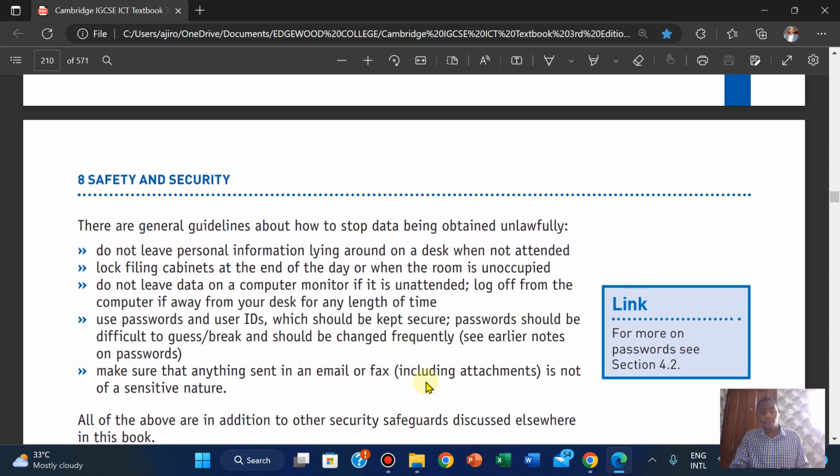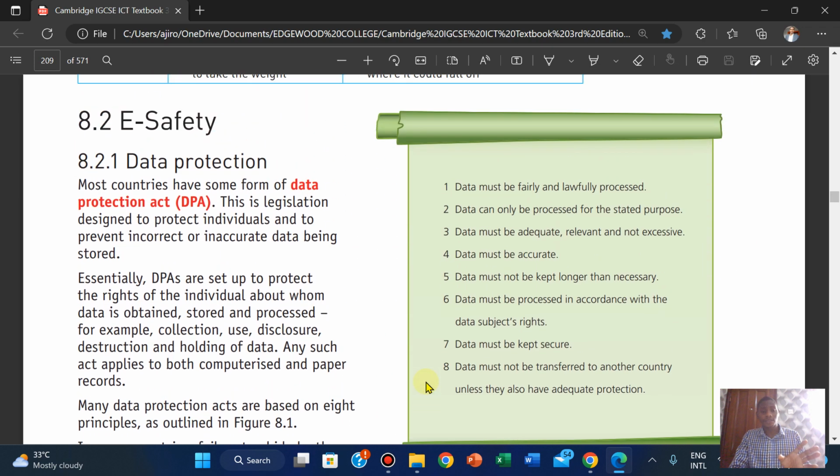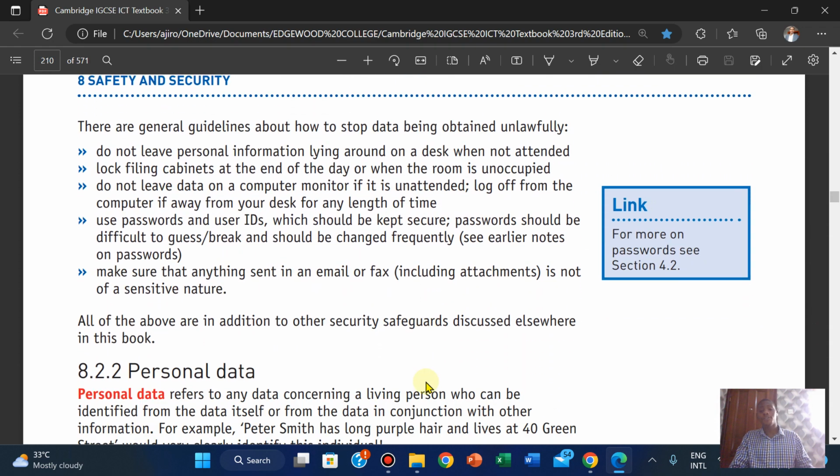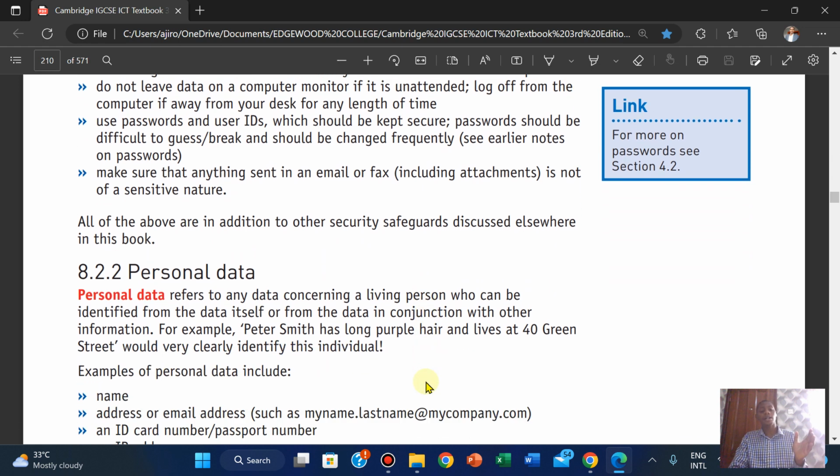Now, we've talked about data protection, how we can protect our data, both physical and electronic. Now let's look at personal data.